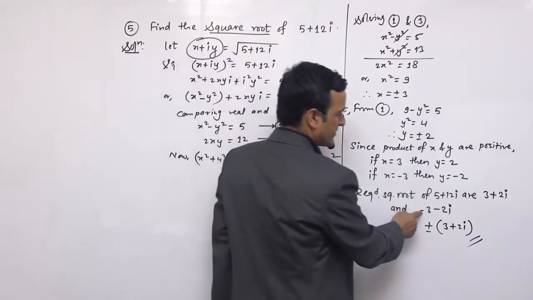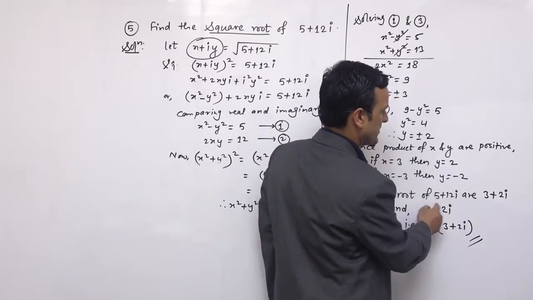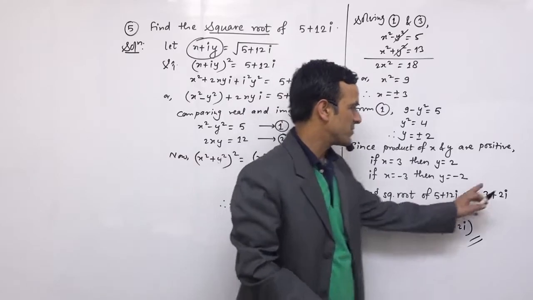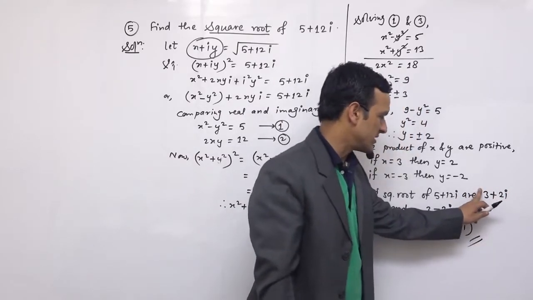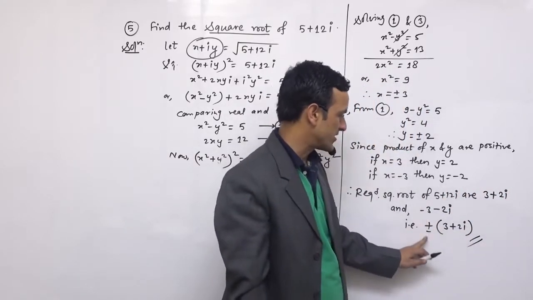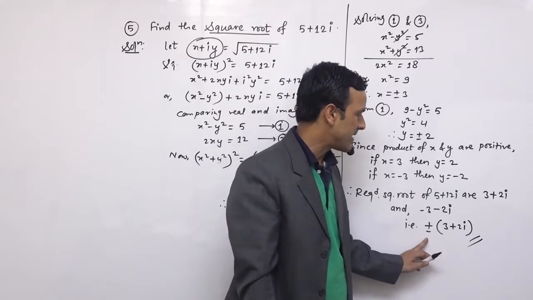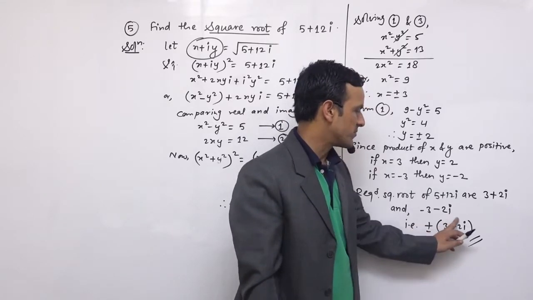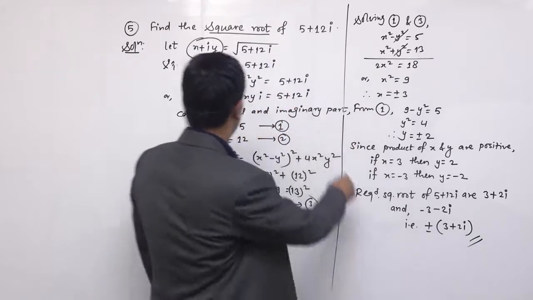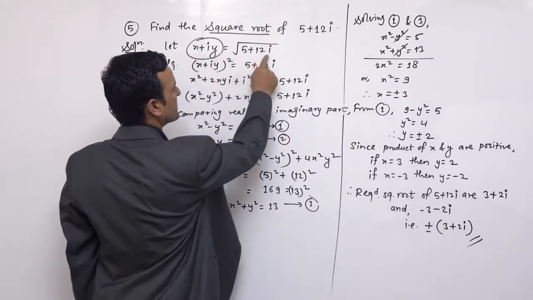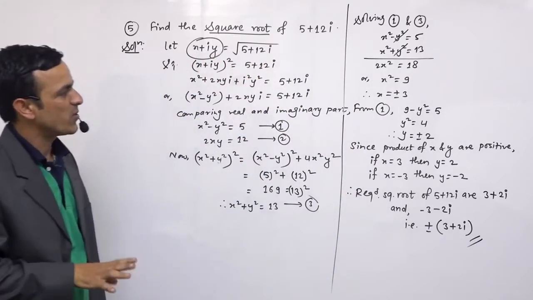So if you take the minus sign from here, then it will be 3 plus 2i, and 3 plus 2i is also here, so it is plus and it is minus, altogether we get plus and minus. Plus minus 3 plus 2i is the required square root of this term. So in this way we can solve it.